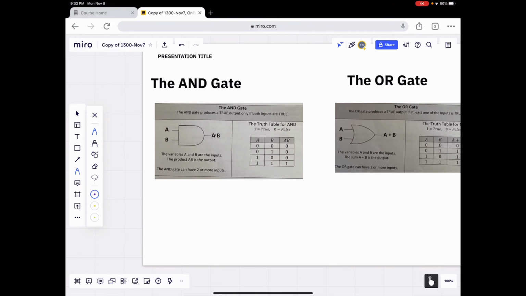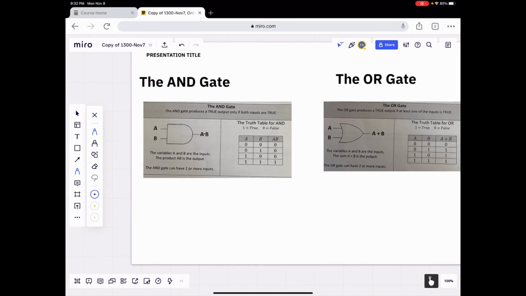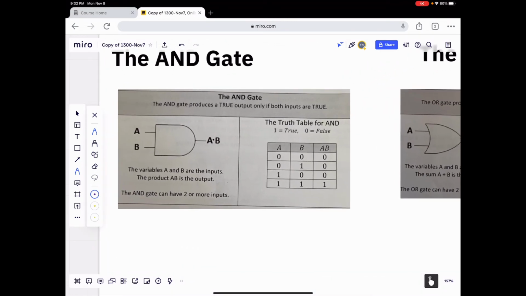AND gate first. In Boolean algebra, the AND gate is like a little square with a half circle and a straight line like this. The AND gate is multiplication.